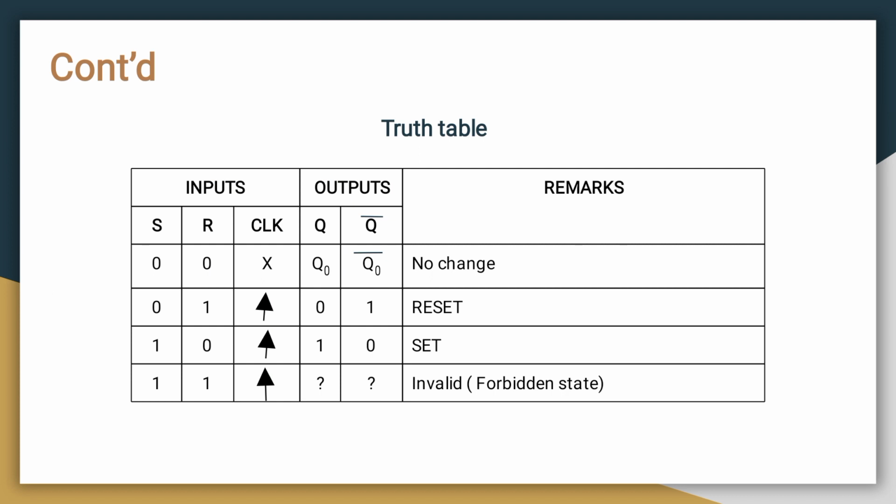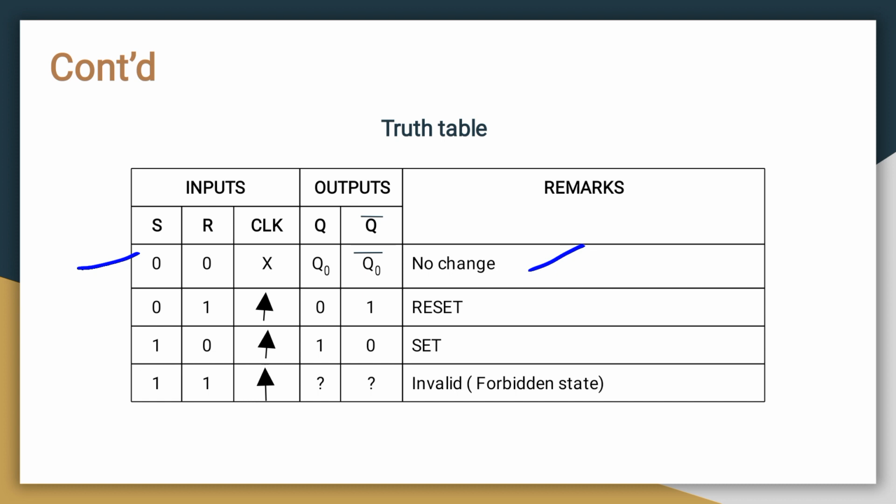So again we have 2 inputs, so 4 combinations. Depending on the combination, we have the output. So let's start with the first one. If the 2 inputs are 0, then there is no change. So when both inputs are 0, there is no change.